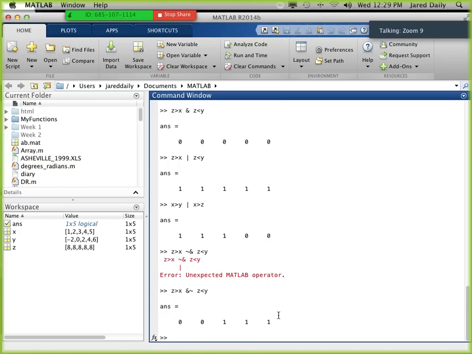Let's see. The other one is the exclusive OR. Let's see, what's the best way to explain the exclusive OR? I'm looking for an example that they use, but I don't see one.